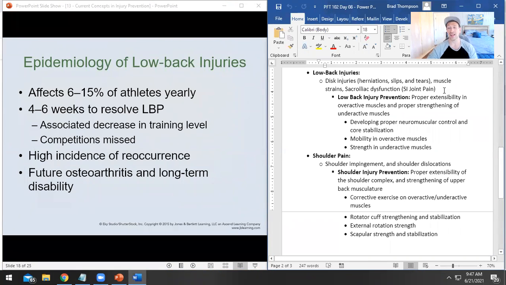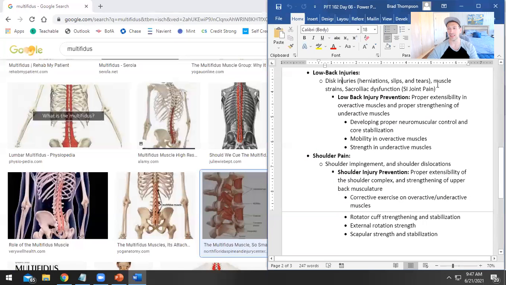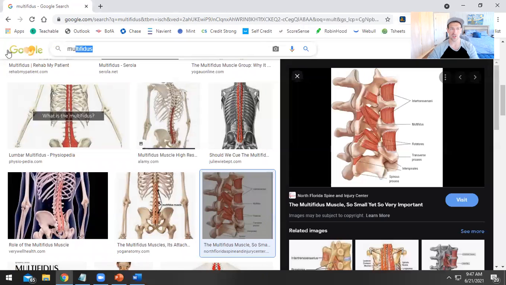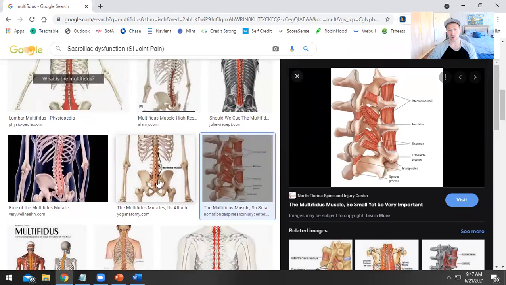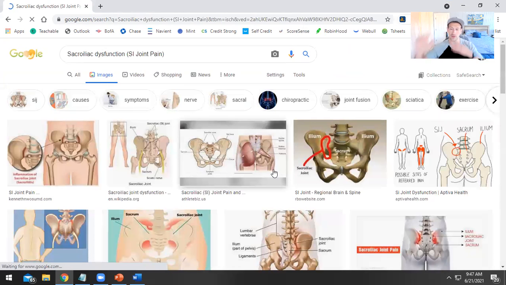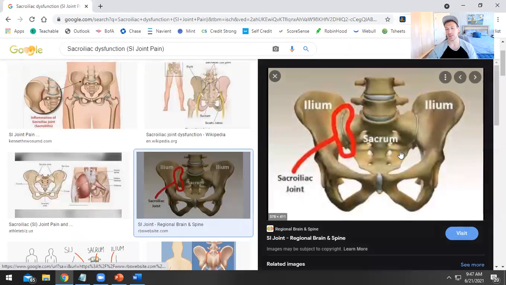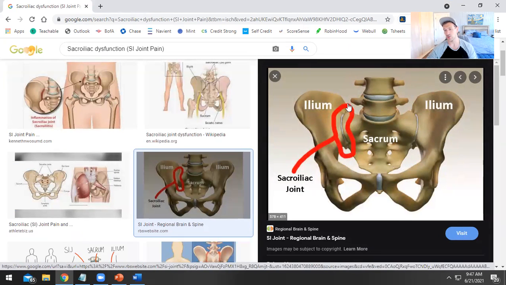And then there's also SI joint pain, or sacroiliac dysfunction. So your sacrum's at the very bottom here, right? That's this little triangle shaped bone that holds your two pelvic bones together. Well, if we get dysfunction in that SI joint, it can cause problems, because this is holding the two sides of your pelvis together, right? And it's meant to be able to do a little bit of rotation like this.